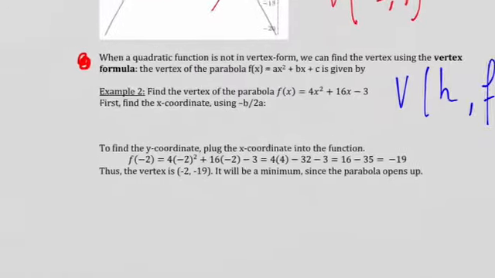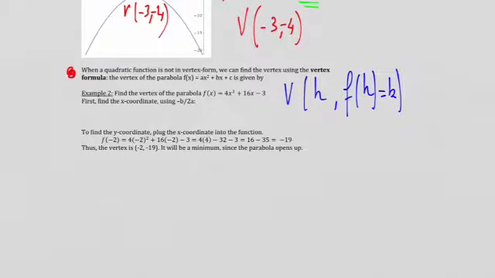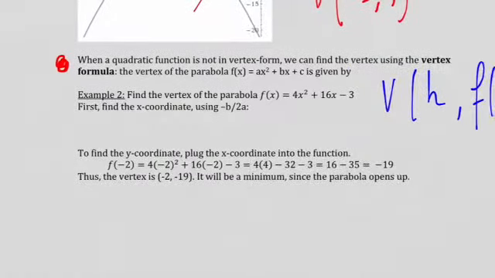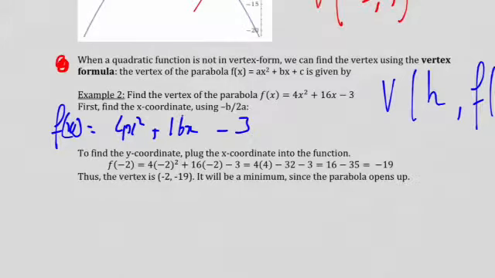Pretty simple. When I try to find the coordinate h, which is the x coordinate of your vertex, I'm going to have minus b. So first of all, to avoid making a mistake in finding the value of a, the value of b, and the value of c, what I want to do is look at the function f of x equal 4x squared plus 16x negative 3, and I can add a plus right here.